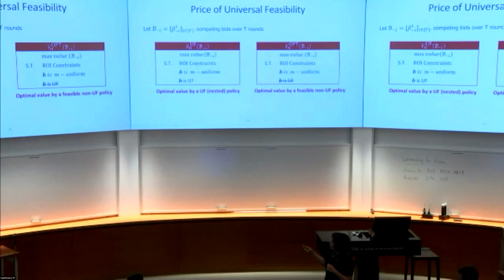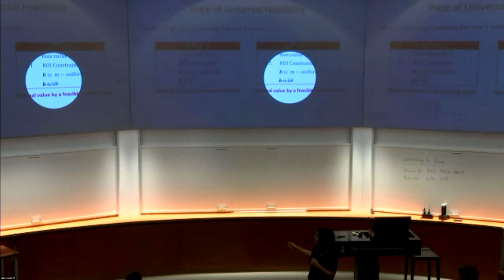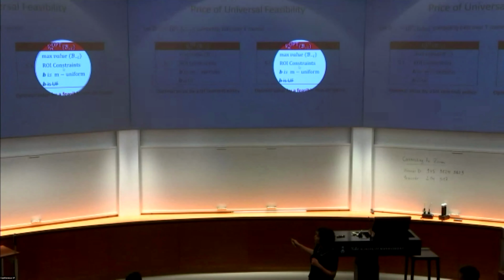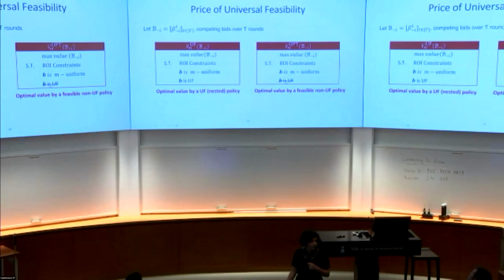As a benchmark, I'm going to look at the same optimization problem, but remove the restriction that B is universal feasible. I still want the ROI constraint to be satisfied, but I don't want it to be universal. And as I said, this is going to be my benchmark when I define the price of universality.